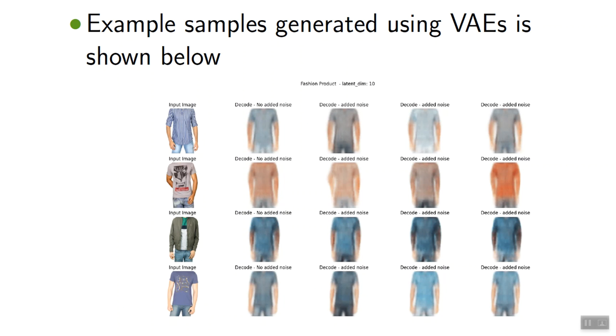But the most interesting trend that we can see is columns 3, 4, and 5. They show noise added versions. What I mean by that is you generate the latent variables, add some noise to it, and then decode them to generate a new sample. As you can see, there are variations when we generate a sample by adding noise to the latent variable.